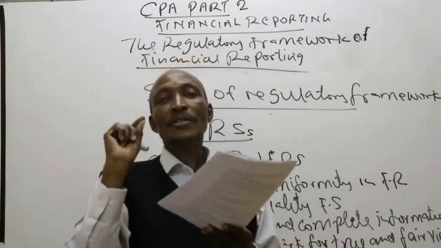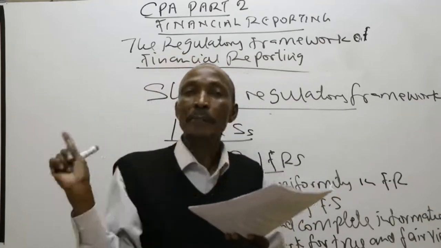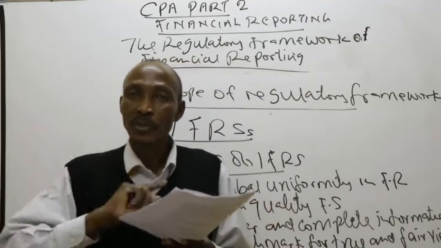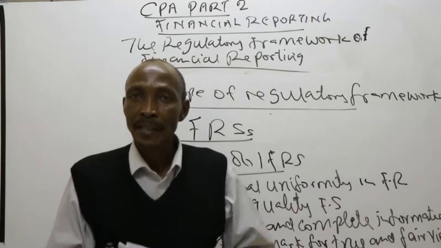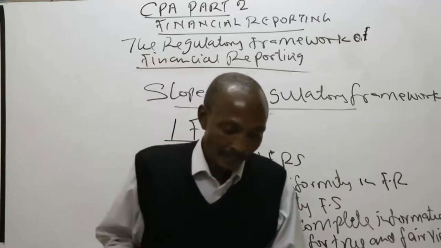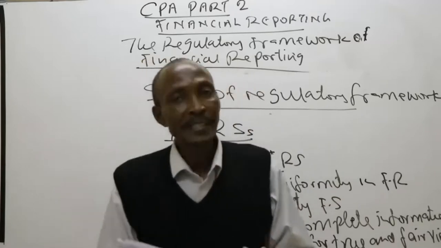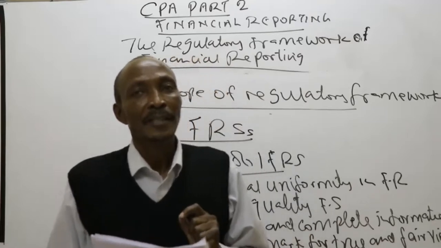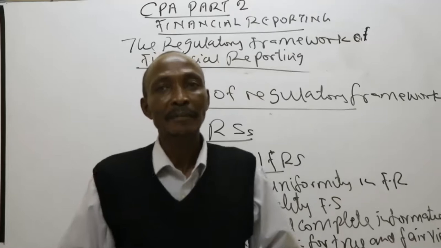So the financial statements must be prepared in a standard way across the globe to make that cross-border listing much, much easier. So it's important that IFRS be applied when we are preparing financial statements.